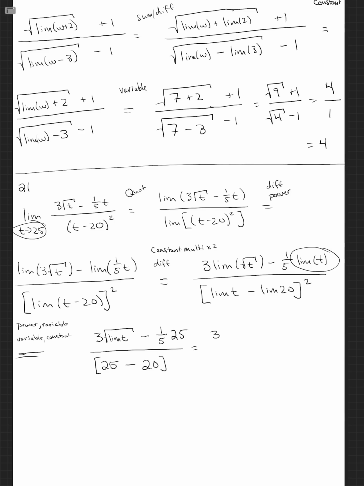So here, I'm going to use the variable rule again, and then I'll be done with limits. And the rest, I'm going to simplify. I get 10 25ths, which is 2/5.